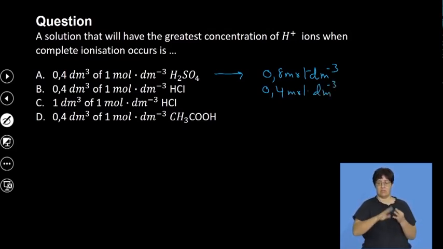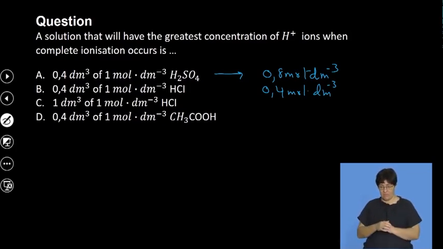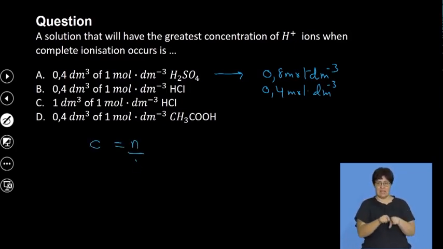The second one will also give us, if we have got 1 cubic decimeter, well, that's the volume, okay? So if we look at the second one, which says 0.4 moles of that. So if that's the volume, we know that concentration is equal to number of moles over volume, okay?